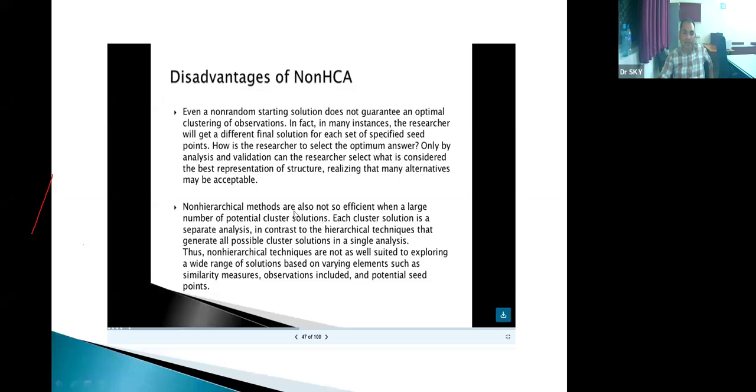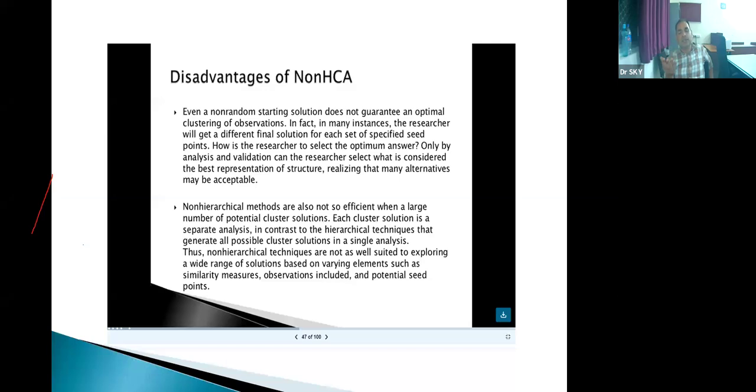Non-hierarchical methods are also not so efficient when a large number of potential cluster solutions exist, because each cluster solution is a separate analysis. So every time we have to make different cluster solutions. In contrast to the hierarchical technique, which generates all possible cluster solutions, it does not do that, because here we have fixed the number of clusters in advance, so there is no need for a dendrogram.